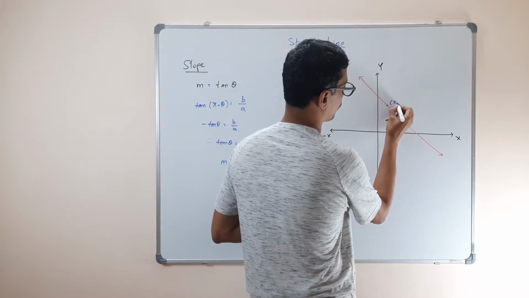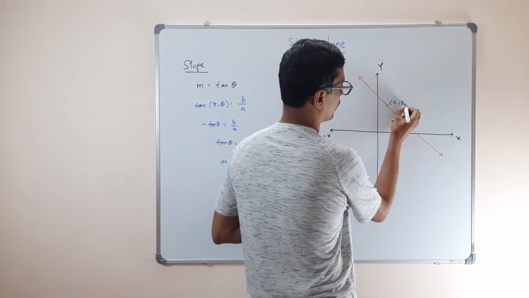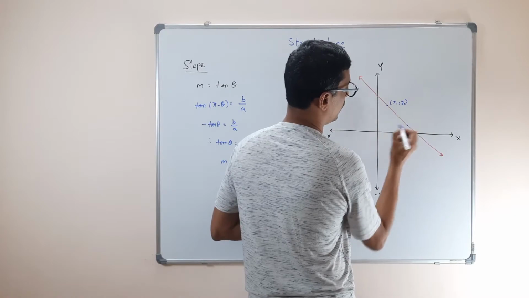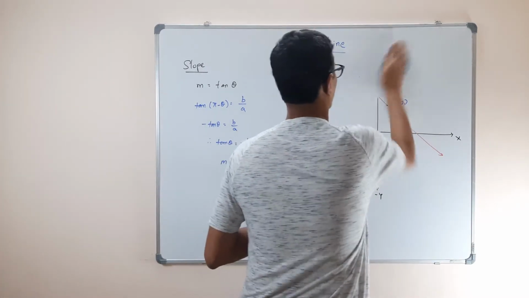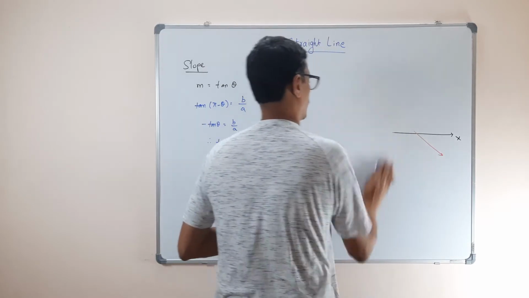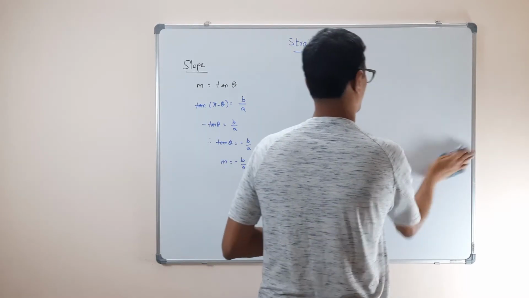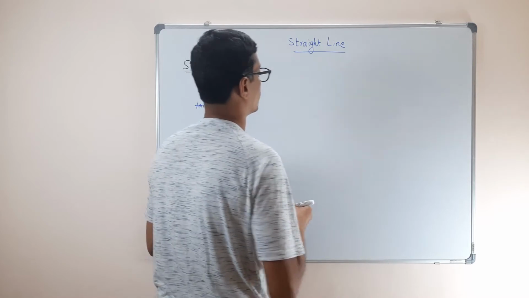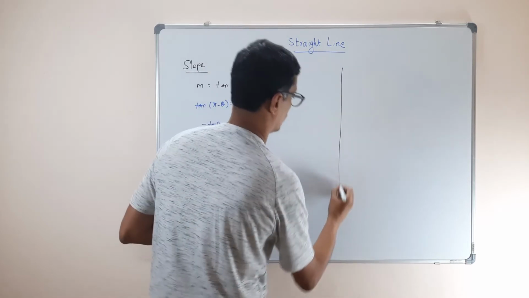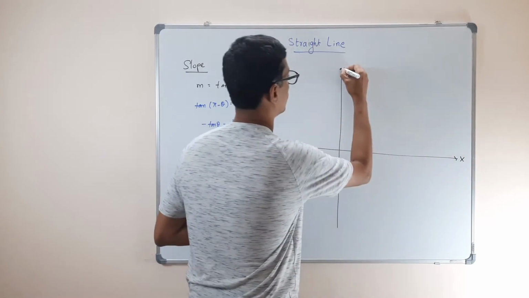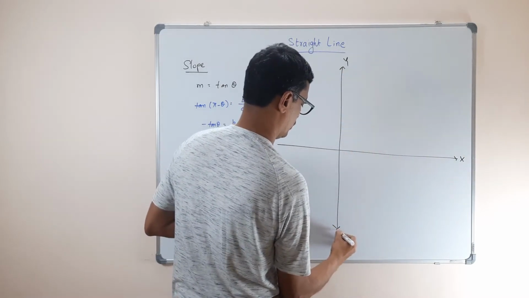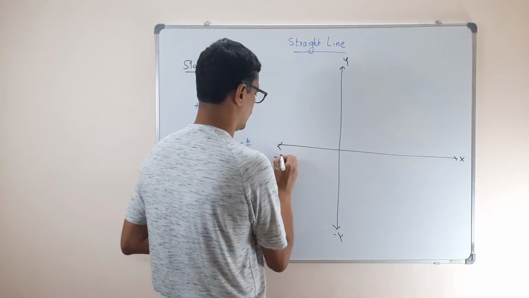Let this point be x1, y1. Let me draw a bigger one, otherwise it will always be confusing. Let me draw bigger axes. So this is x, y, minus y and minus x.